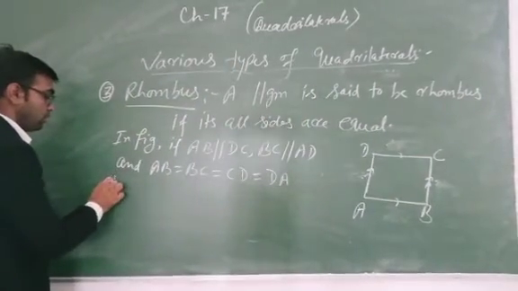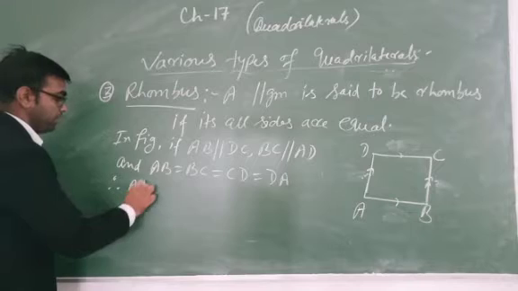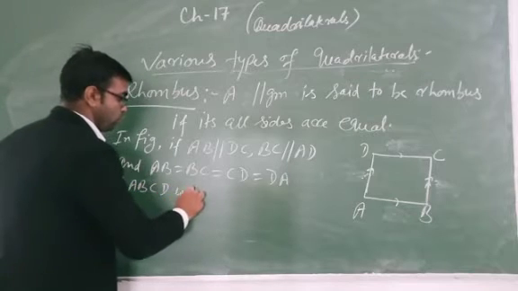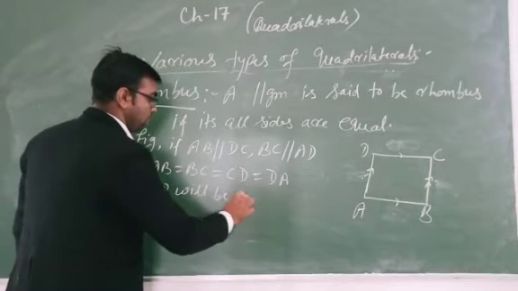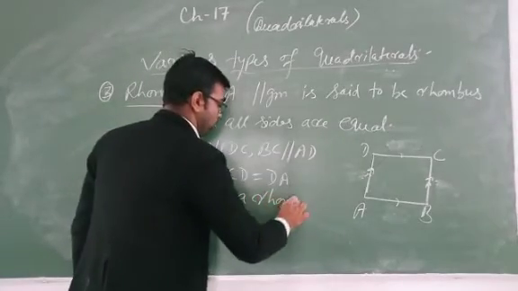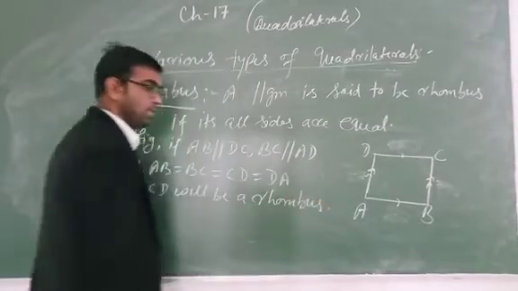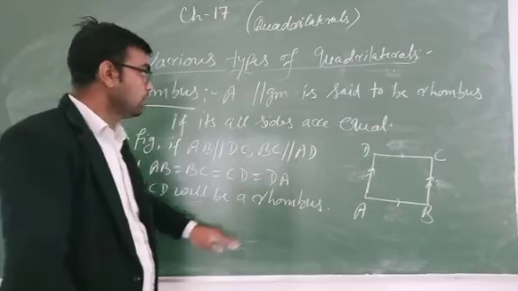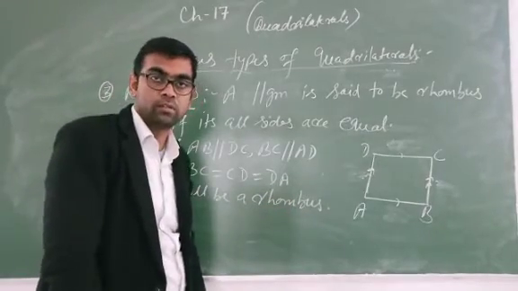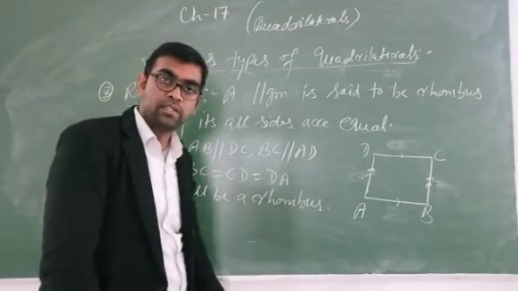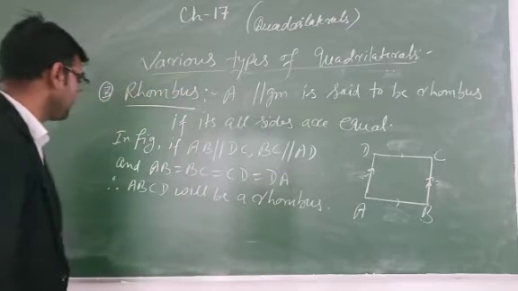Therefore, ABCD will be a rhombus. I hope it is clear. Now, properties of rhombus.